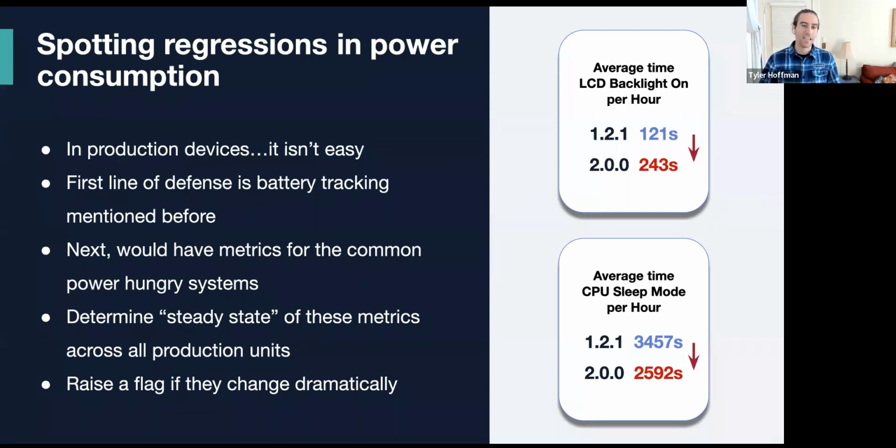But it's similar here. You can measure how often the CPU is asleep per hour, and if that drastically changes between one version to another, it's either an improvement or a regression. I would say that most of our battery life regressions, and by regressions, I mean we had 2.0 shipped to customers. It looked great.